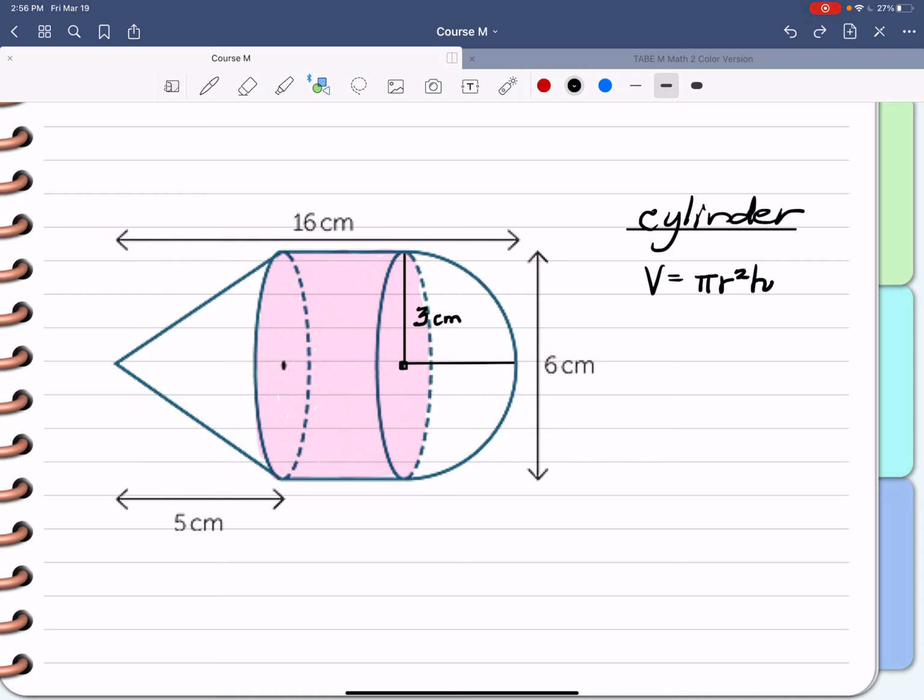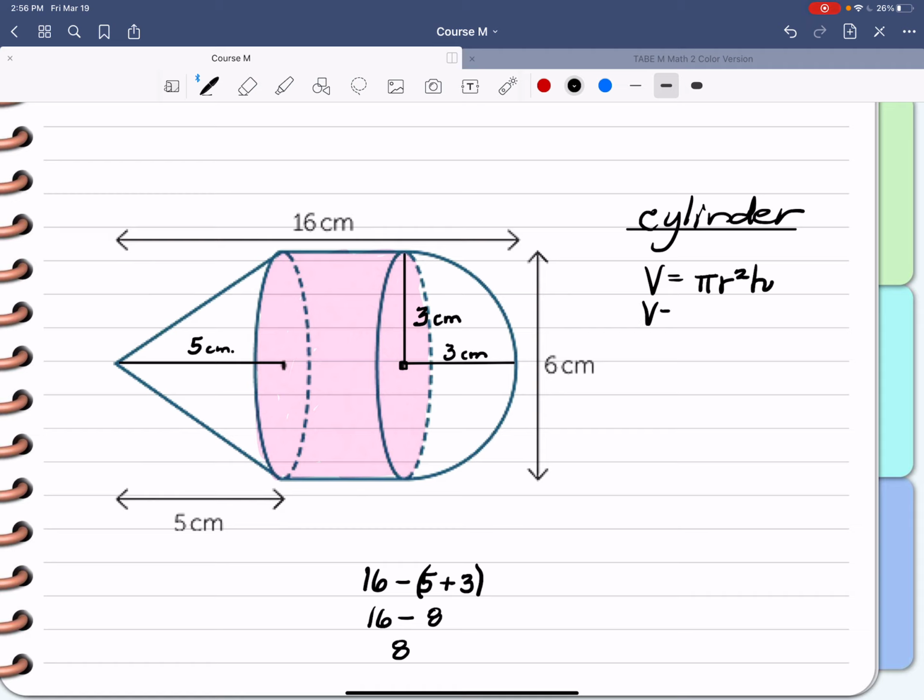And we know the radius is 3 centimeters. We know the height of the cone right here is 5 centimeters. So we just need to figure out what's left. So we have 16 for the whole thing, minus the cone's height and the sphere's height. So 16 minus 8 leaves a height of 8 for that cylinder.